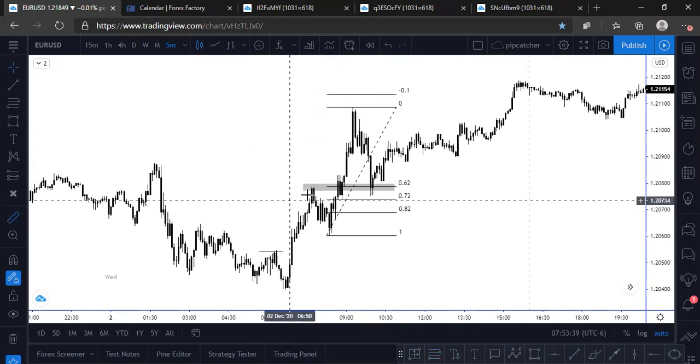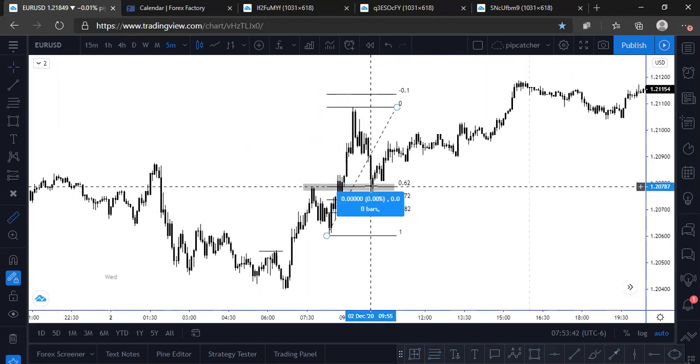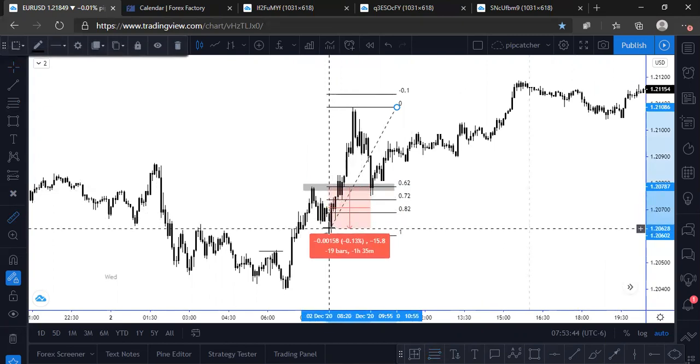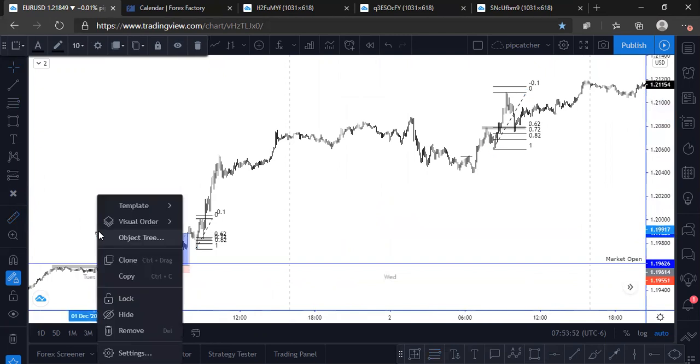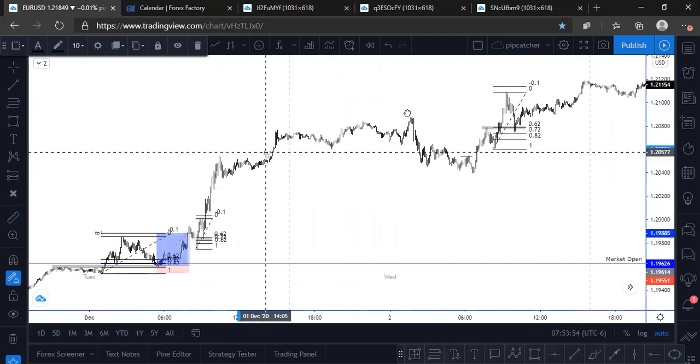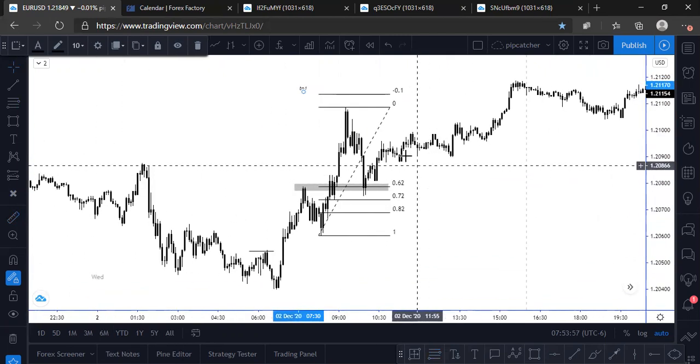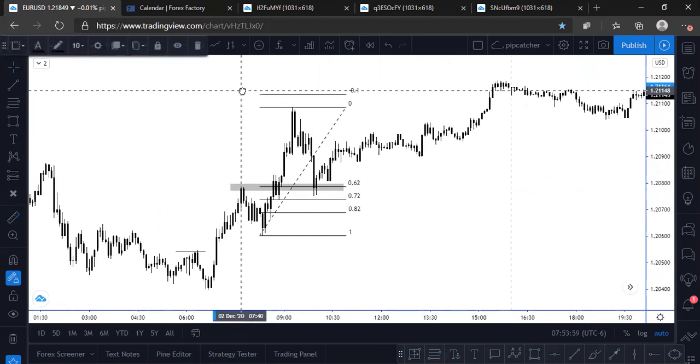Now look, you could have right here entry. You could have stop loss down here at 15 pips. Okay, and then remember what we said. TP1 right here at negative 10 fib level.